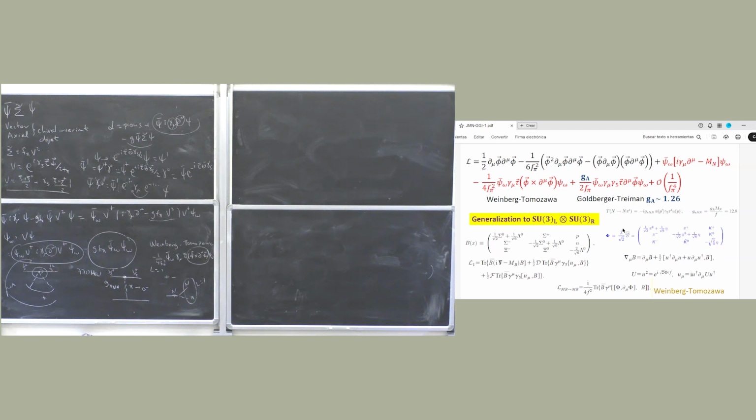So then I should do a construction, but in 3 flavors instead of 2 flavors. But the idea is the same thing. The idea is similar. You just work with 3 flavors and you just construct something that is chiral invariant.